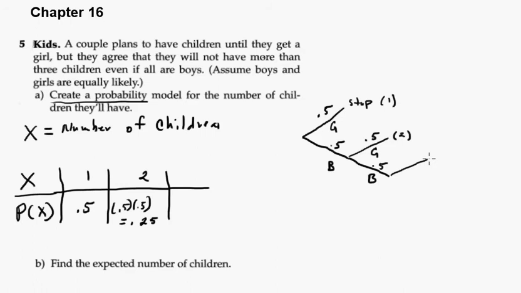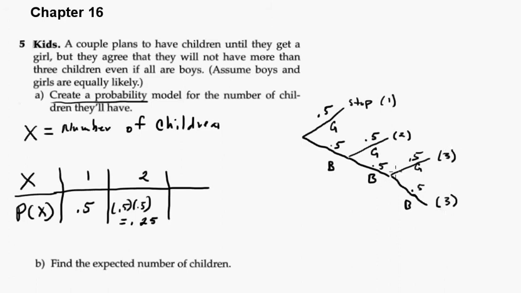Okay, now this is kind of interesting. Now they either have a girl, 0.5, so then they're going to have 3 kids, or they have a boy, but they're going to stop. At that point, they're going to say, enough of this. 4 boys is enough madness in one house. So they're going to stop right at 3 boys. So they have 3 kids.